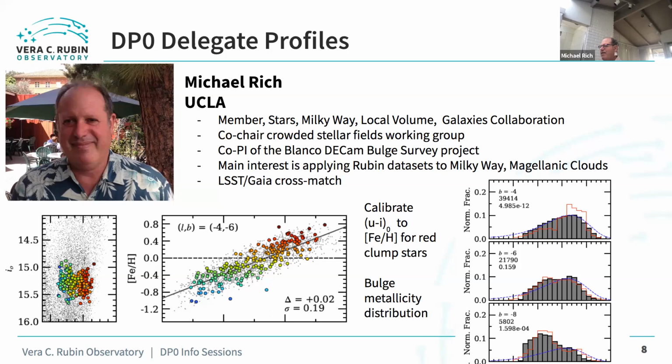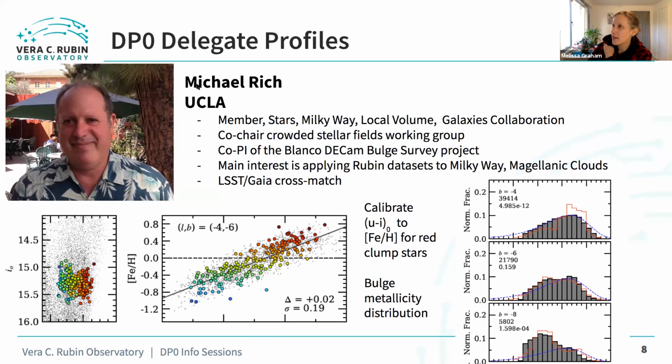We've already derived abundance distributions looking down the galactic bulge at different galactic latitudes from -4 to -8 degrees. So we're very interested in doing similar and deeper science and exploring the age of the galactic bulge using the LSST. Thank you, Mike.